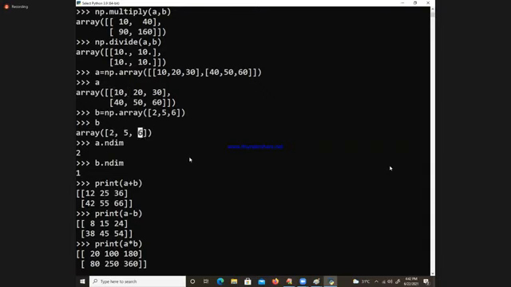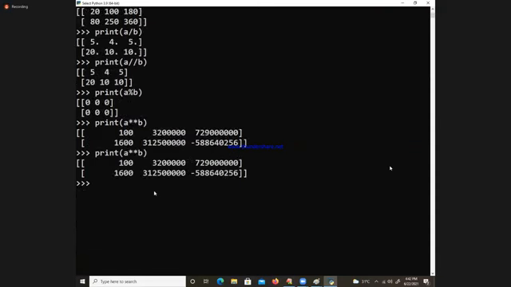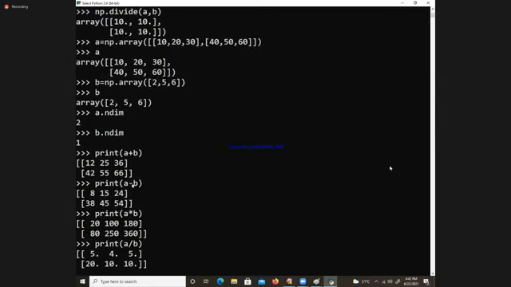We will check here. A star star B is supposed to give that only, but we are not getting that.